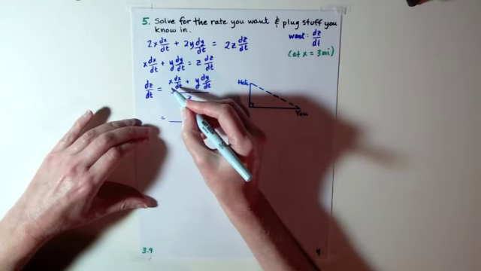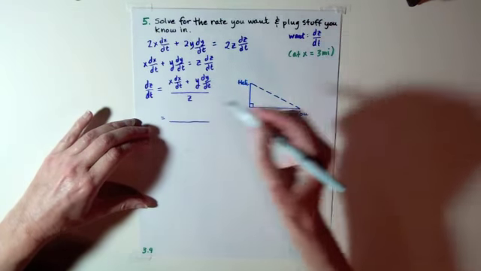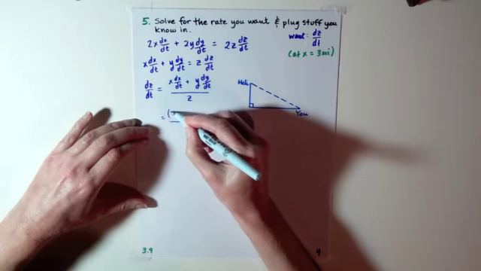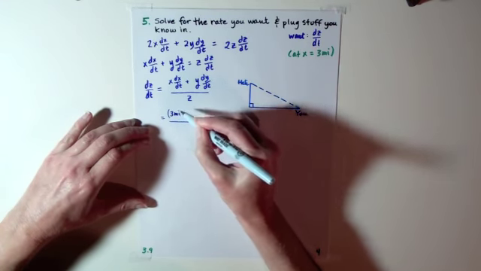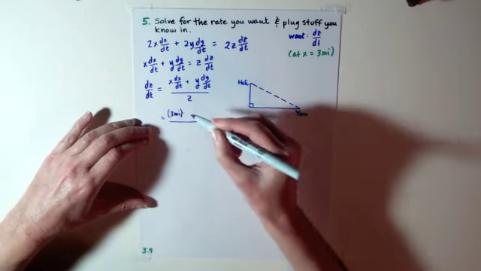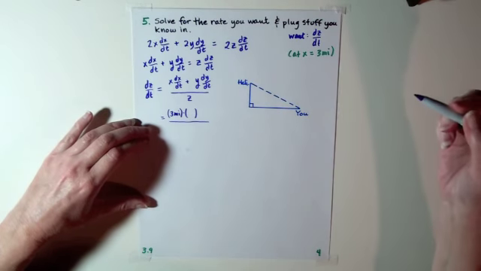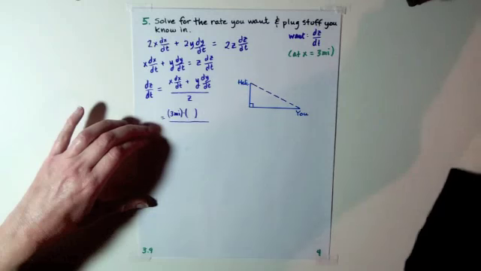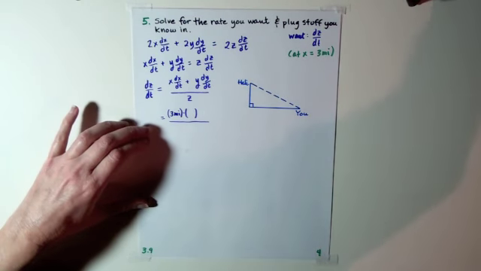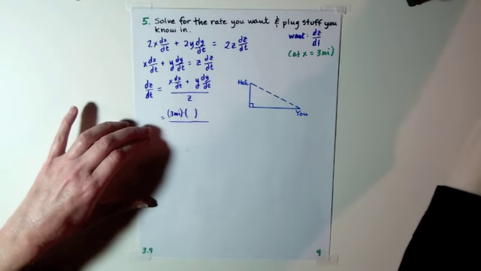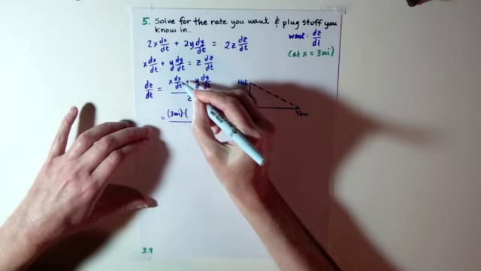Well, x, I want it at the moment that x is 3 miles. So I'm going to replace x with 3 miles. That looks fine. I'm going to multiply that by dx dt, and you might remember from step 2 on the previous page that dx dt was a value that we knew. Let me see what I had for that. dx dt was the 60 miles per hour. So we do know this value.